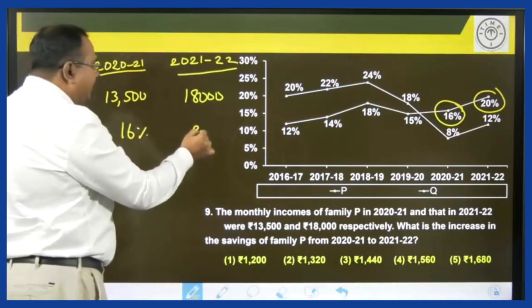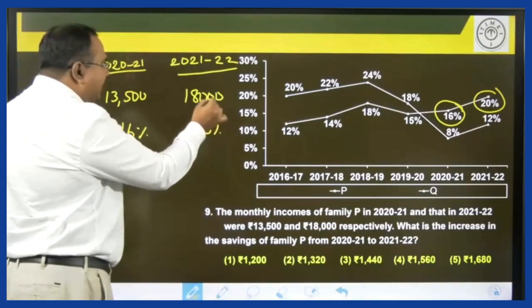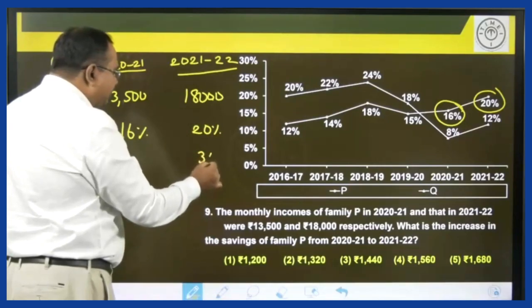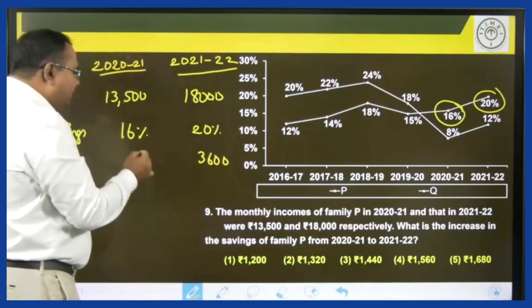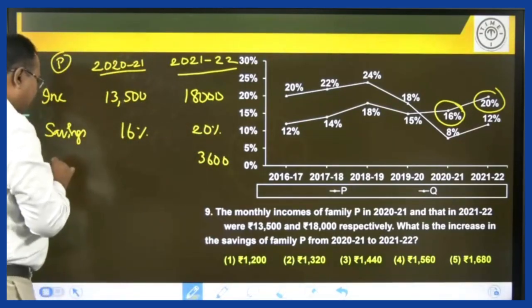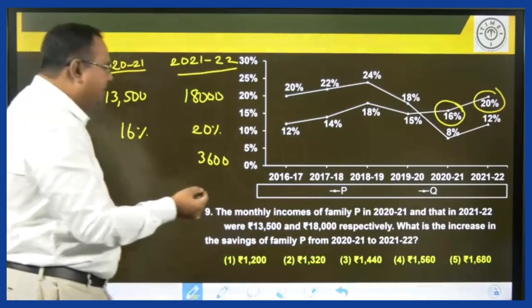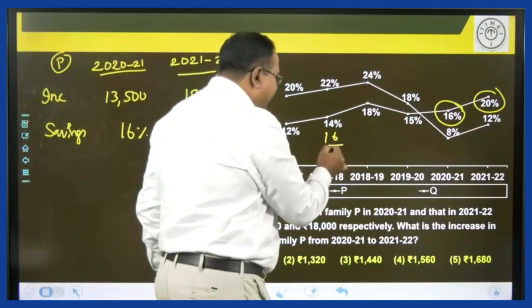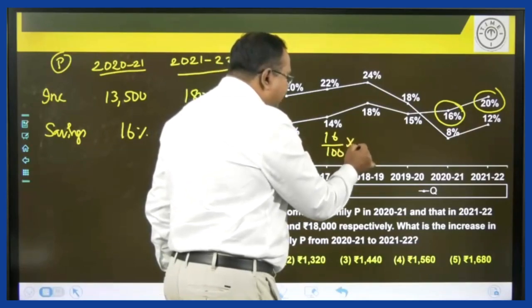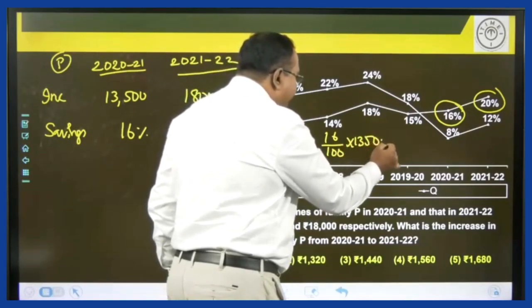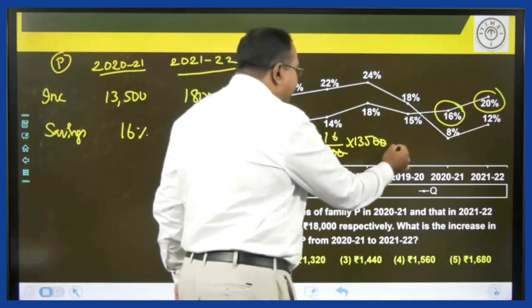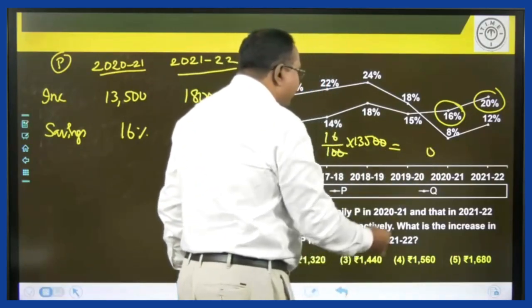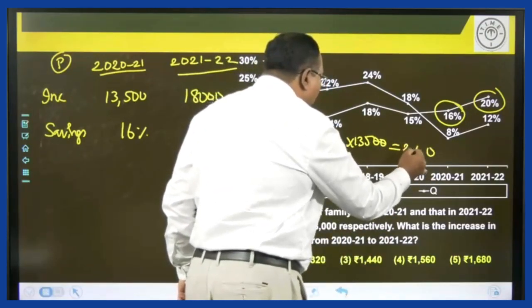It has to be 20%. 20%, 10%, 1,800. 20%, 3,600. This one I can write 16% of 13,500. Easily you can do that. 16 by 100, because the last two are zeros, I can do this way. Right, so 16 5 is 80, 48 8 56, 2160.